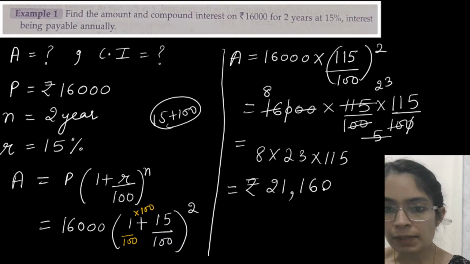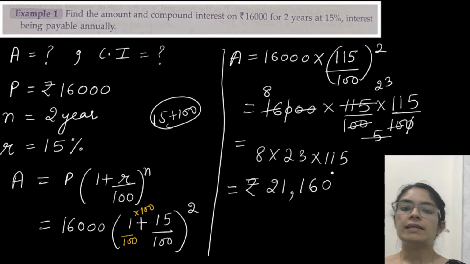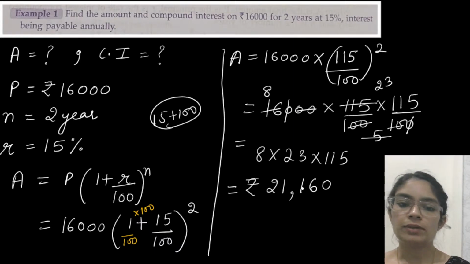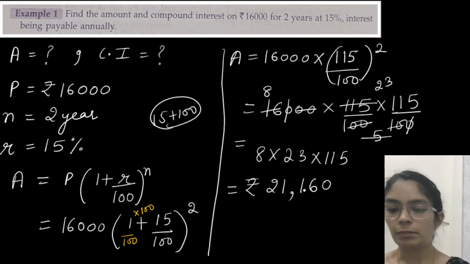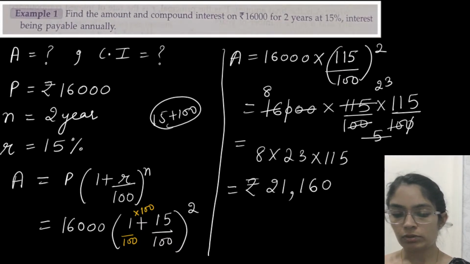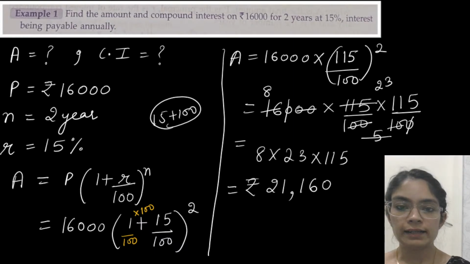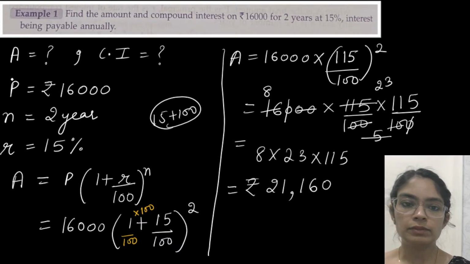Okay, so after multiplying this, here cancellation I have done. After this you can multiply, and most of you have given this answer, 21,160. So the first part of the question is done.